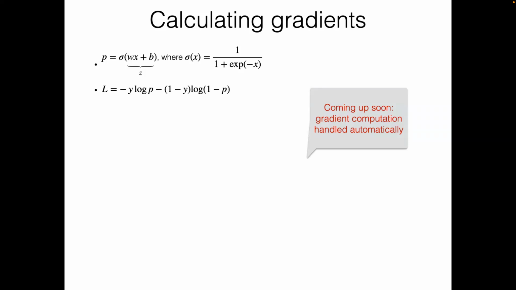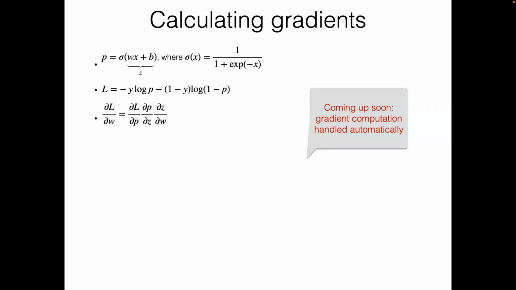So here, suppose our model is the sigmoid function of wx plus b. And let's say we're using binary cross entropy loss. Then what we want to do is find the derivative of the loss with respect to this parameter, so partial L over partial W. The key idea that is taken advantage of in deep learning, in backpropagation, is the chain rule.